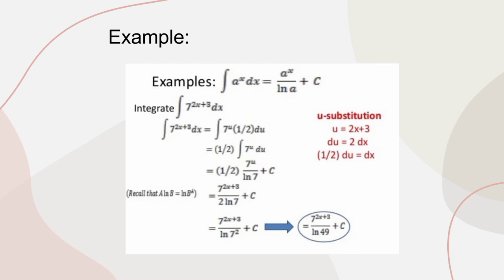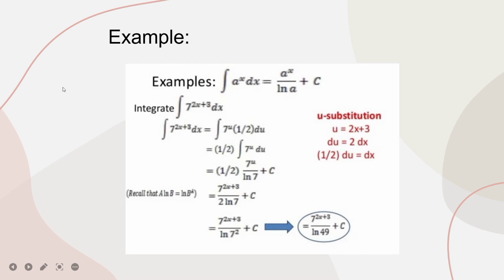So, integrate the integral. We need to substitute u is equal to 2x plus 3, du is equal to 2 dx, 1 over 2 du is equal to dx, since based on our substitution, u is 2x plus 3.